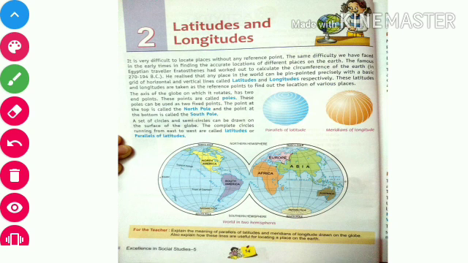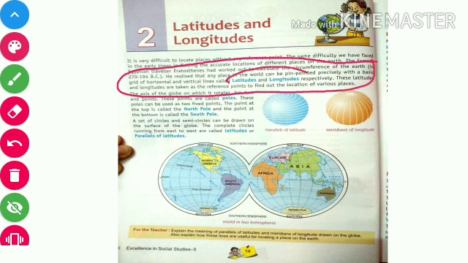The same difficulty we faced in early times in finding the accurate locations of different places on the earth. The famous Egyptian traveler Eratosthenes worked out how to calculate the circumference of the earth. He realized that any place in the world can be pinpointed precisely with a basic grid of horizontal and vertical lines called latitude and longitude.